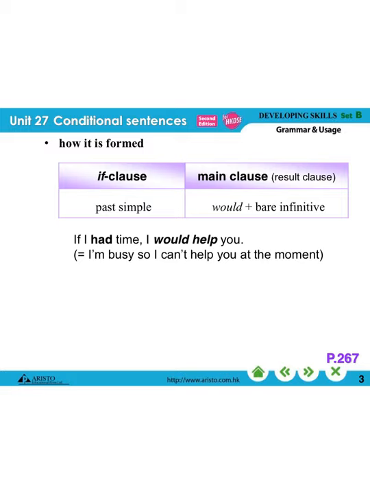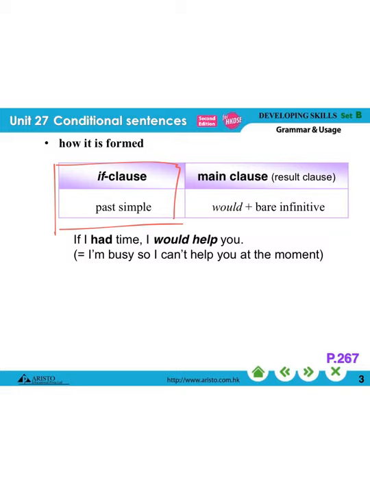So let's take a look at the form of it. For the if clause, I hope that you still remember which tense we use for conditional type 1 in the if clause. For conditional type 1, we are using simple present tense, because the present situation is real.